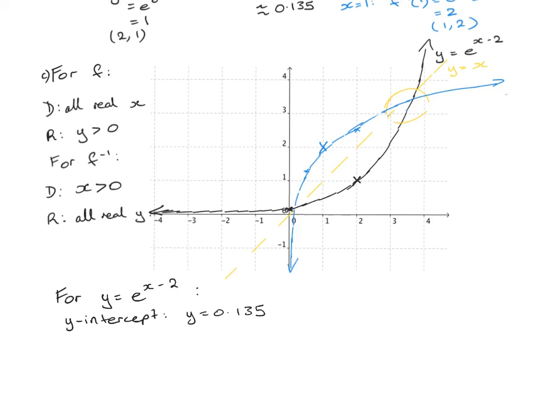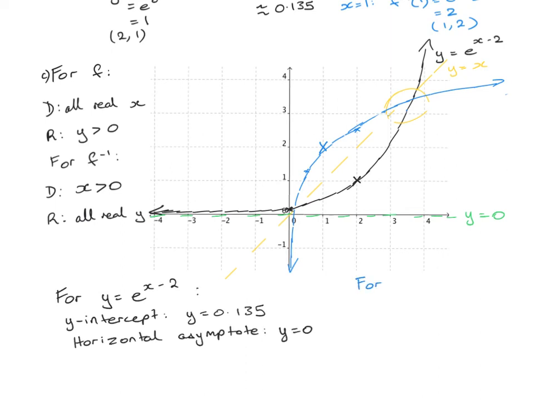And there's a horizontal asymptote for the black one at y equals 0, or in other words, the x-axis. I'm talking here about the green line here, which is where y equals 0. So for the black curve, that green asymptote goes with that.